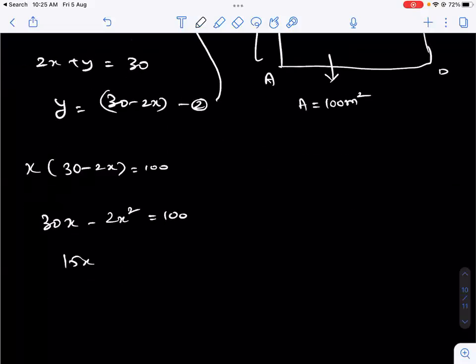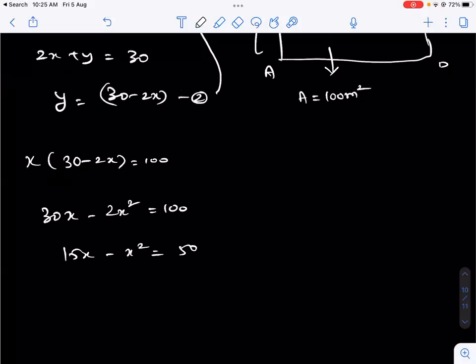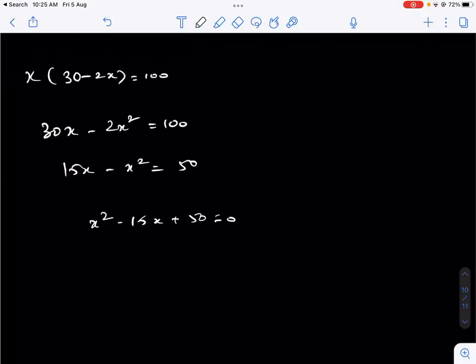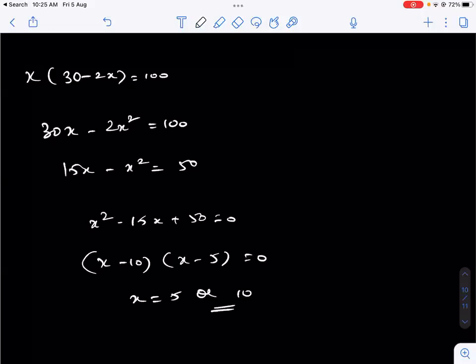So it is 15x minus x square is equal to 50. So x square minus 15x plus 50 is equal to 0. So (x minus 10) into (x minus 5) is equal to 0. So x is equal to 5 or 10.